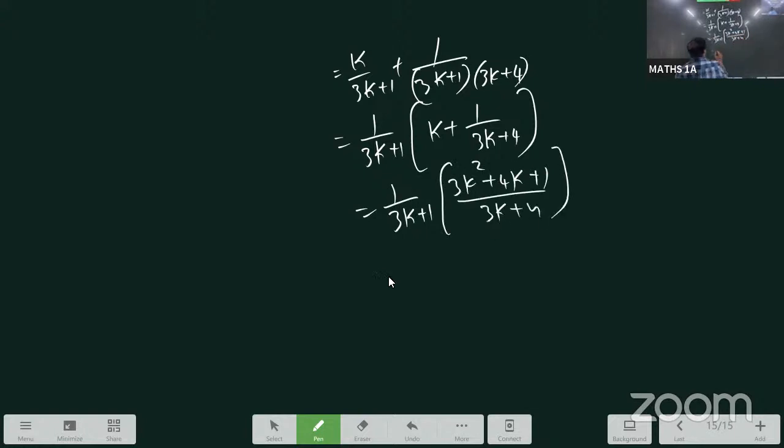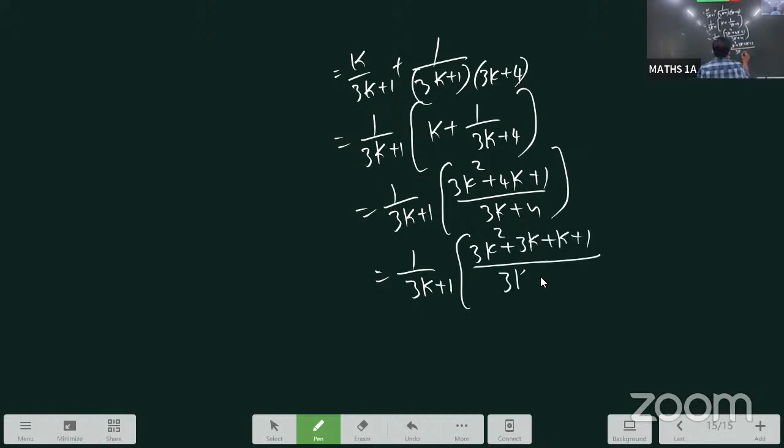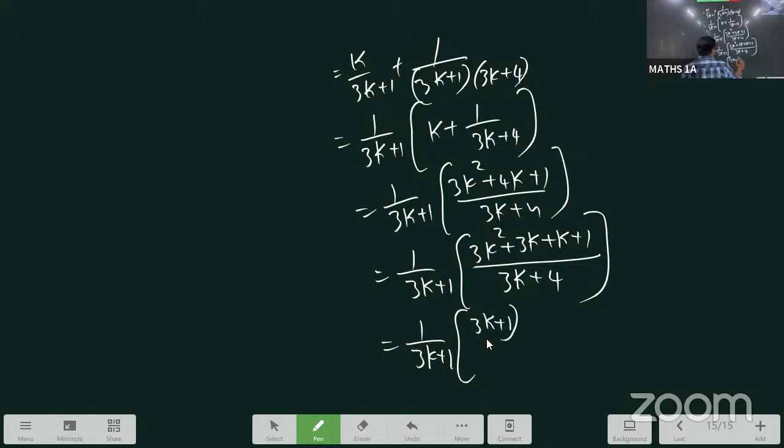Now I am going to factorize the numerator. 3k square plus 3k plus k plus 1 divided by 3k plus 4. That is 1 by 3k plus 1 into 3k plus 1 into k plus 1 by 3k plus 4. Now 3k plus 1, 3k plus 1 gets cancelled. So what is left out?